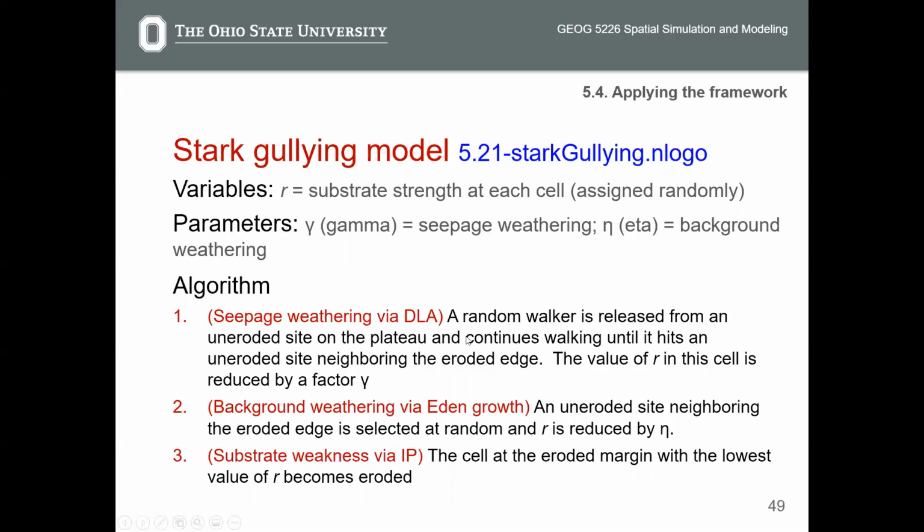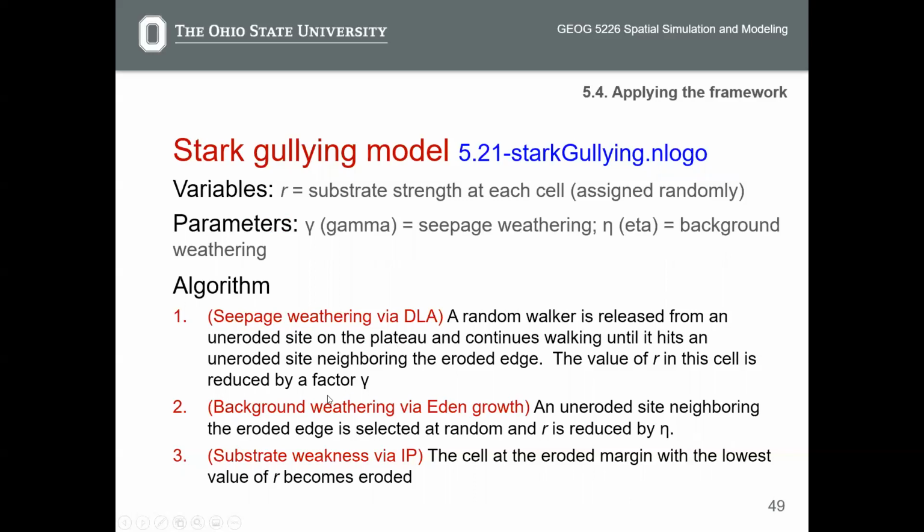So you can see here we're using DLA to address seepage weathering. The result is that the resistance R is reduced by a factor gamma, and this gamma is decided by the seepage weathering effect. Okay, so this is the first component that reduces R, reduces what? Resistance of substrate.